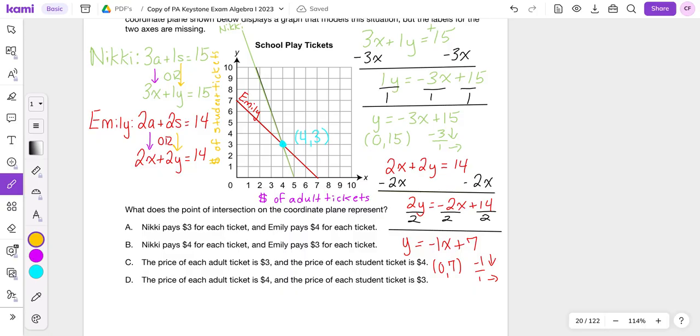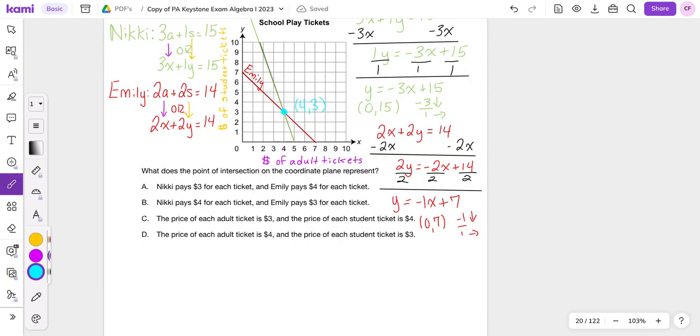So therefore, if we look at that ordered pair now, the ordered pair was 4, 3. We just labeled what x meant. So x is 4, y is 3, and we label what these mean.